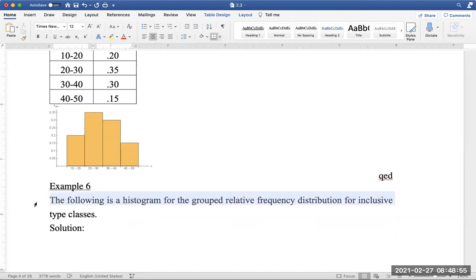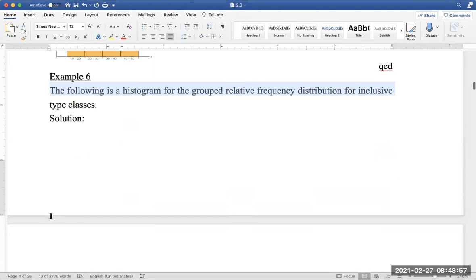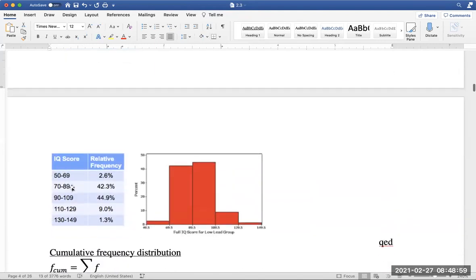Let's draw the histogram for the following group frequency distribution for these inclusive type classes. Since these are done in percent, this is going to be percent. 2.6% between 50 and 69. Again, I'm going to have to use my boundary.